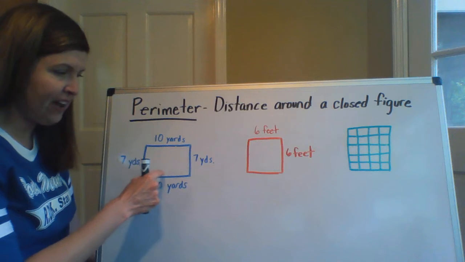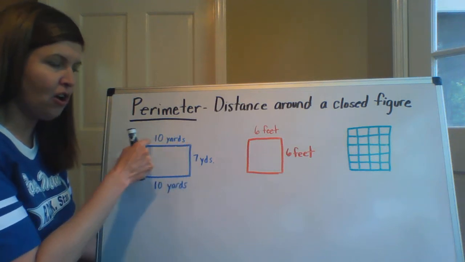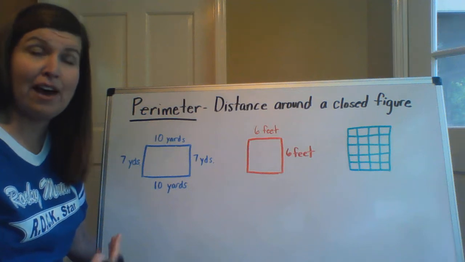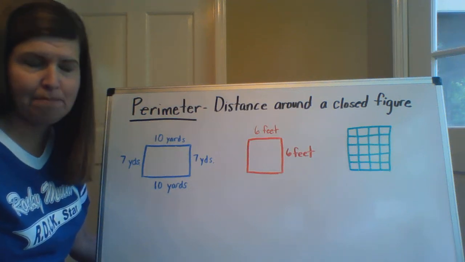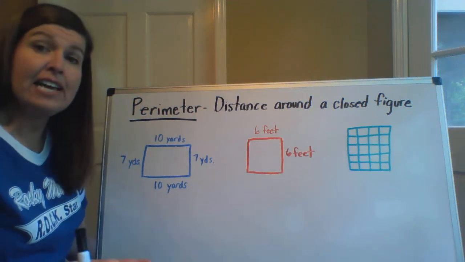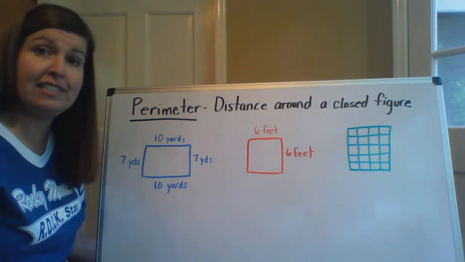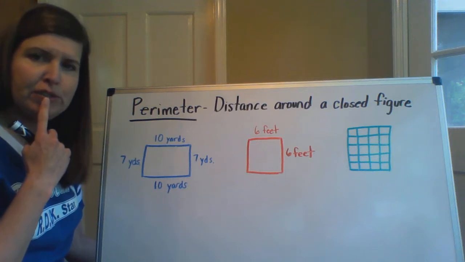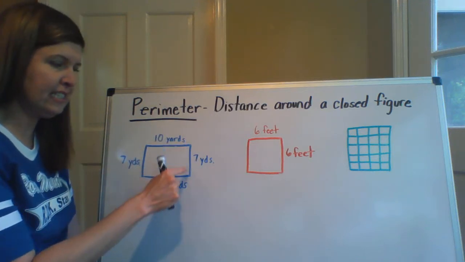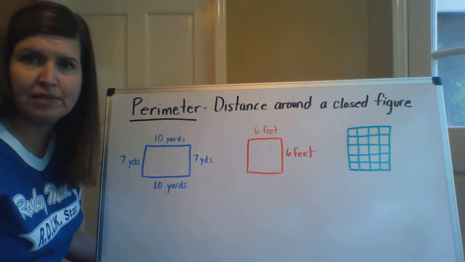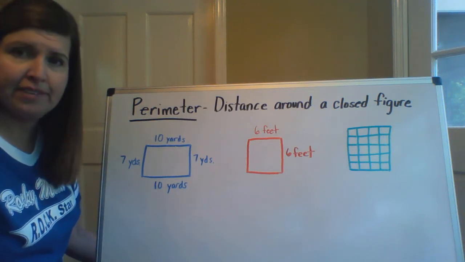You would need to find out the distance all the way around your yard so that you would know how much fence you need. Another thing is if you put up lights maybe during the holiday season, you might have to use perimeter to measure the distance around your house if you end up putting them on your house and around your roof line.